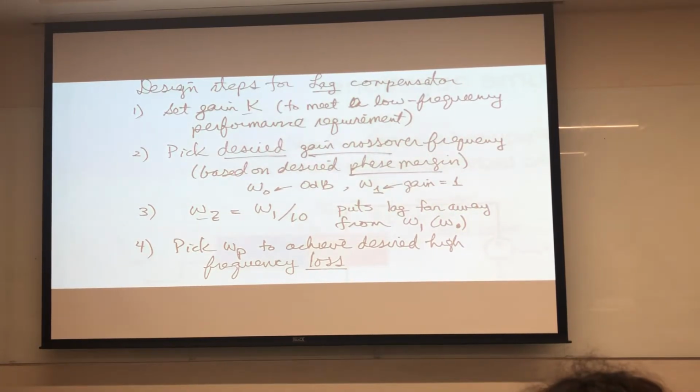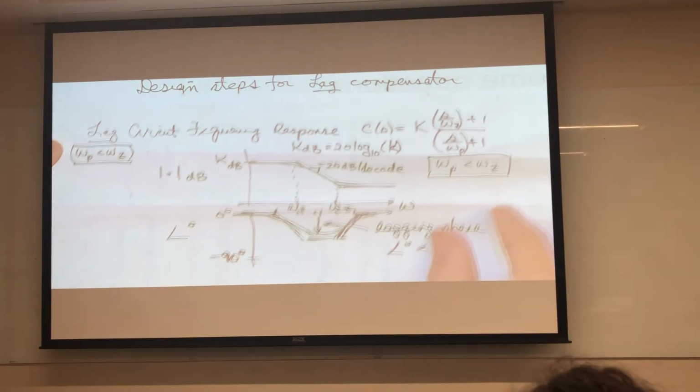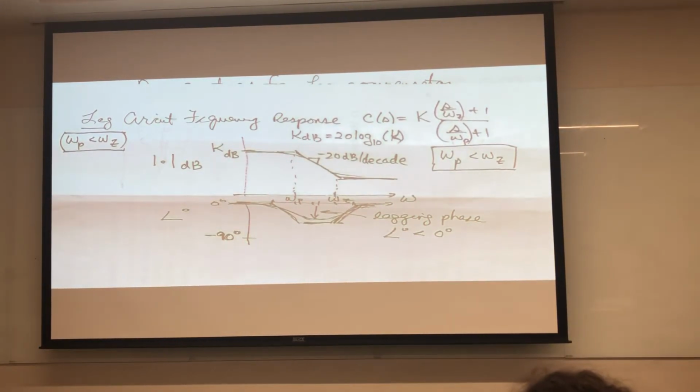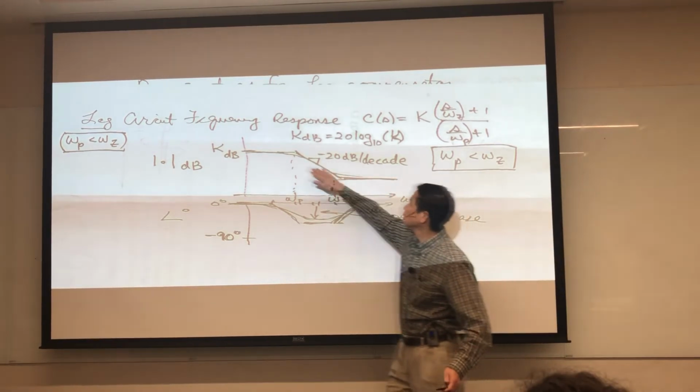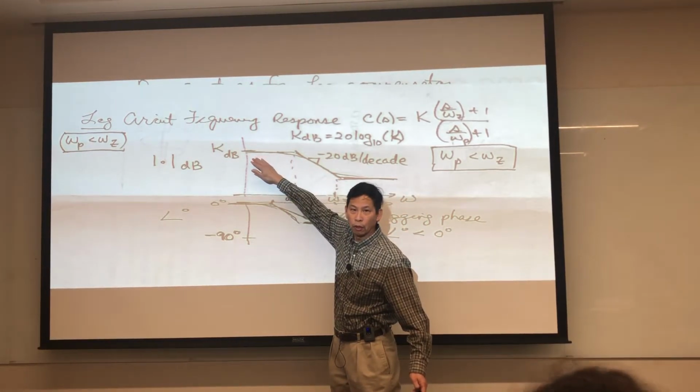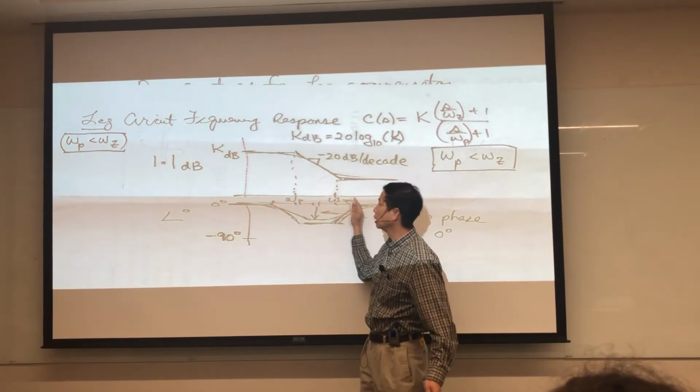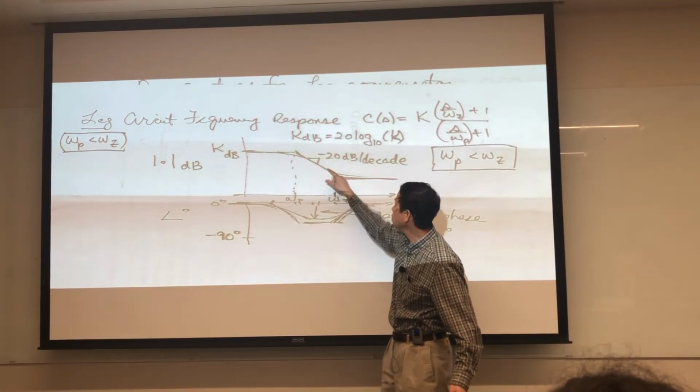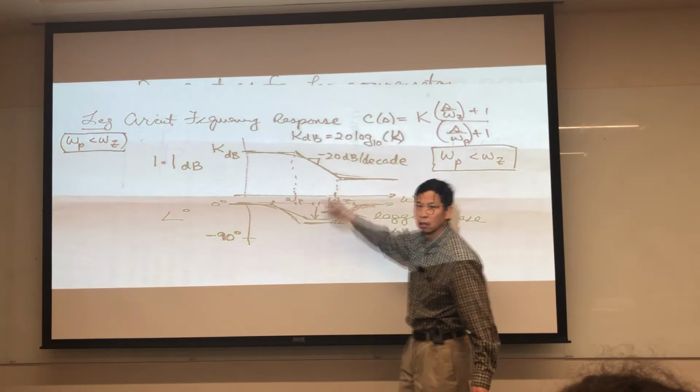What do I mean by high frequency loss? If we look at the phase lag compensator, the gain at high frequency is lower than the gain at low frequency. This is a loss. As frequency increases, I'm losing gain. I'm losing gain at a rate of 20 dB per decade.